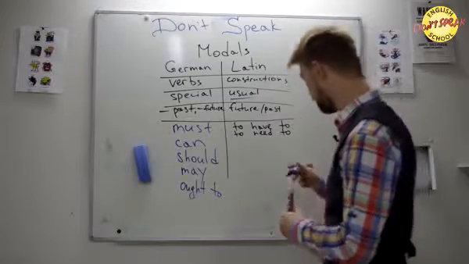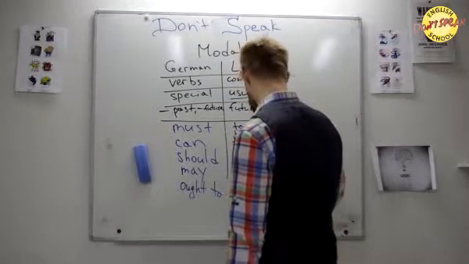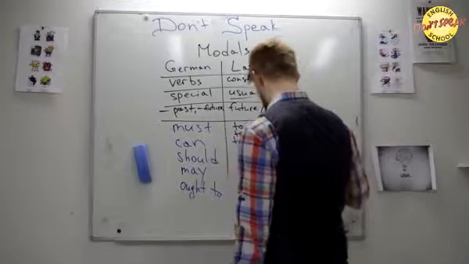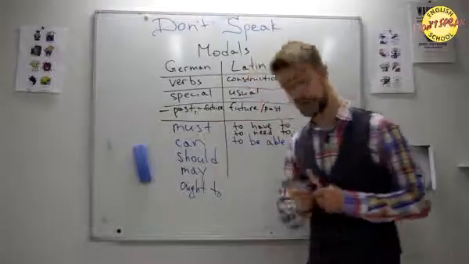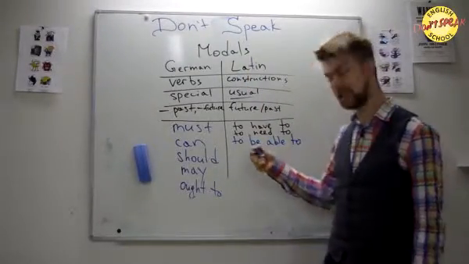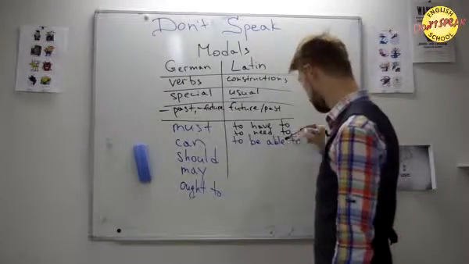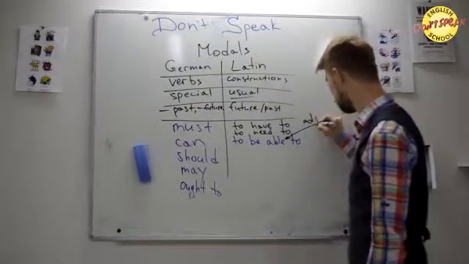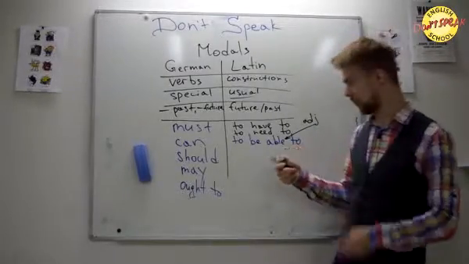Can, its analog is to be able to. Many people, even upper intermediates and higher, make mistakes thinking that able is a verb. No, it's not. Be is a verb here, while able technically is just an adjective, meaning that it goes only with be.